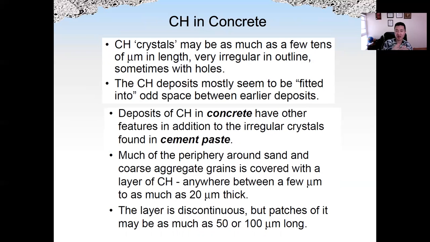Okay, because calcium hydroxide is formed by combining calcium ions and hydroxide ions. Whenever there's an empty space in the system, calcium hydroxide tends to fit in that space. So that's why we see calcium hydroxide deposit mostly in the empty space between early deposits.